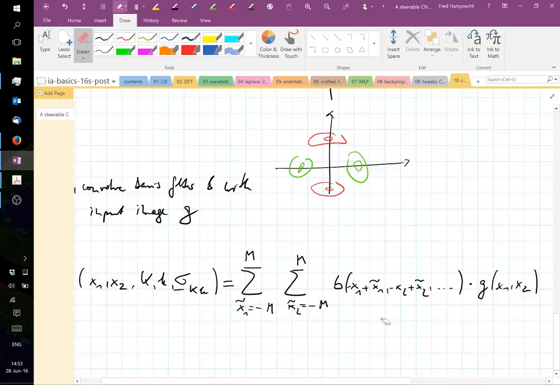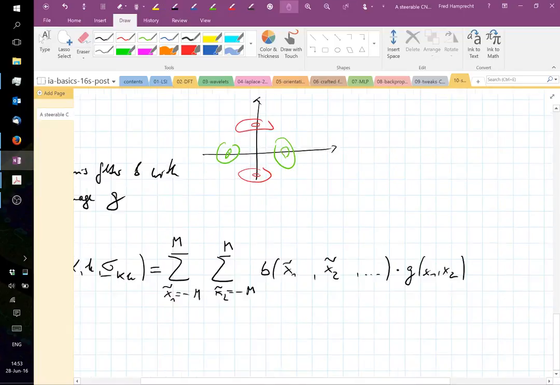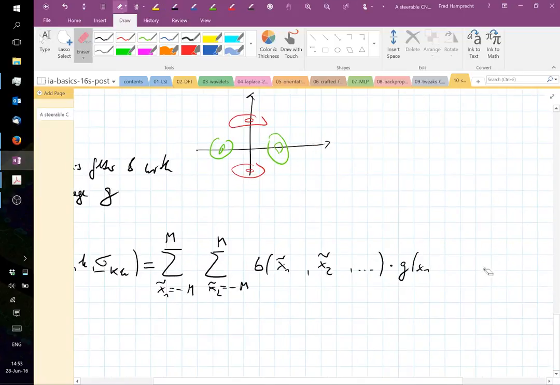Sorry, let me do this differently. Because of the way I defined my filter, I just want to have x1 tilde and x2 tilde on the filter, and it is on the image side that I'm writing x1 minus x1 tilde and x2 minus x2 tilde.